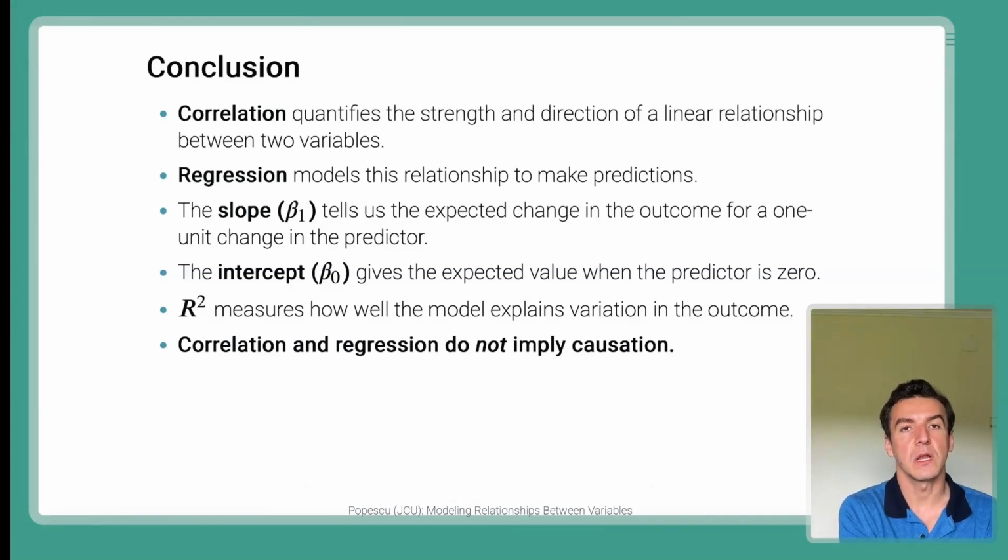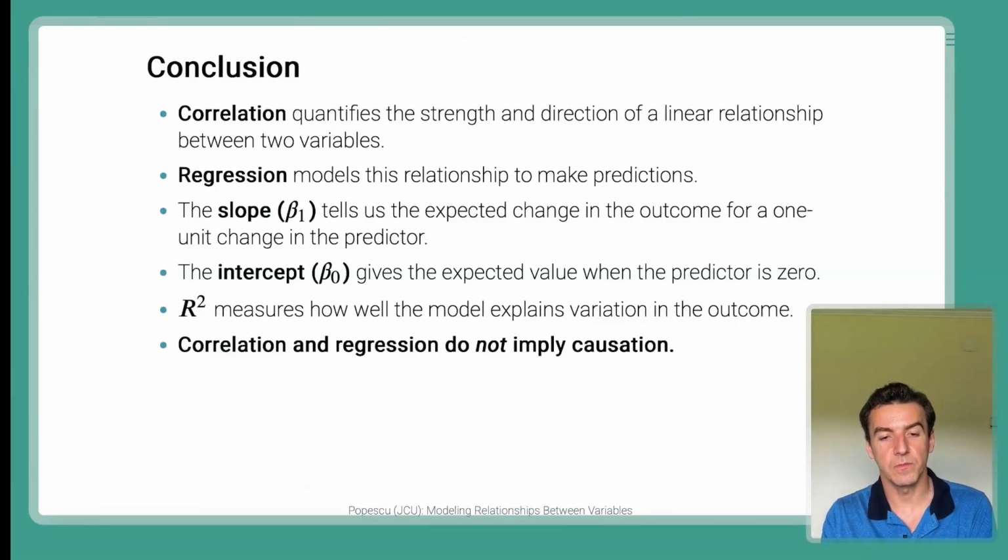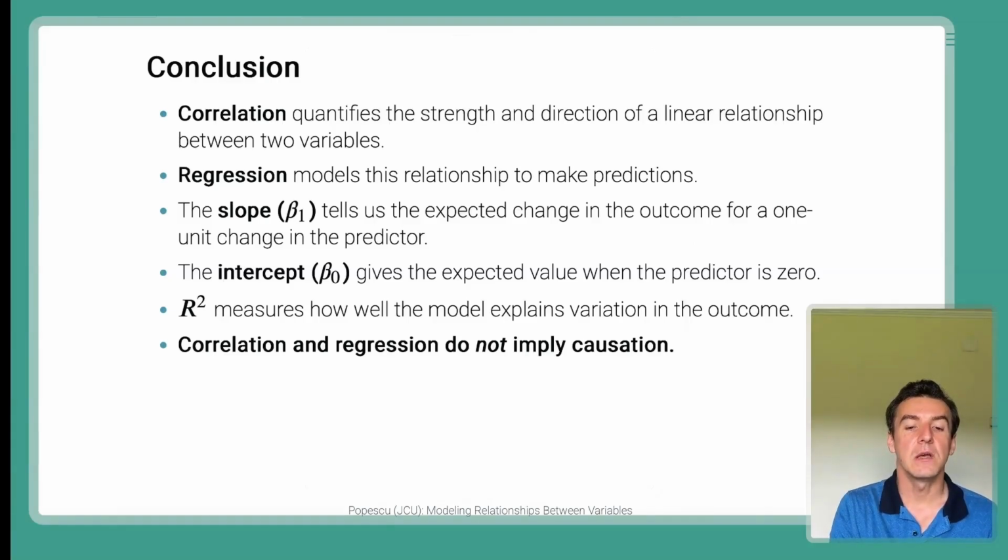We also learned how to calculate the a or the alpha, or in this case beta 0, which gives us the expected value for the dependent variable when the independent variable is 0. We also learned that r squared measures how much of the variation in the outcome of interest is explained by the model. And probably the final most important lesson here is that just because two variables are correlated, that doesn't necessarily mean that they're also causally related.